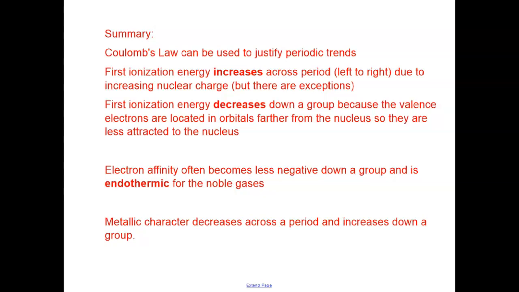First ionization energy decreases down a group because valence electrons are farther from the nucleus, and we know from Coulomb's law that means they are less attracted to the nucleus. So they are easier to remove. We've seen the definition of electron affinity, and we've seen that it often becomes less negative down a group, and for the noble gases, it is actually even endothermic. We have to add energy.